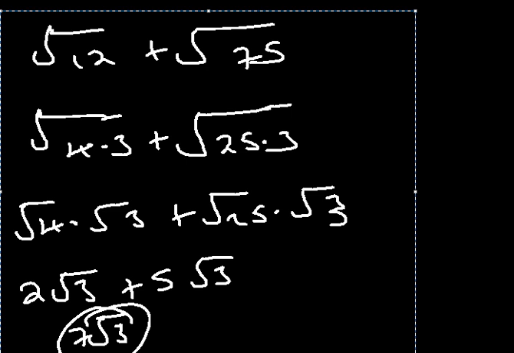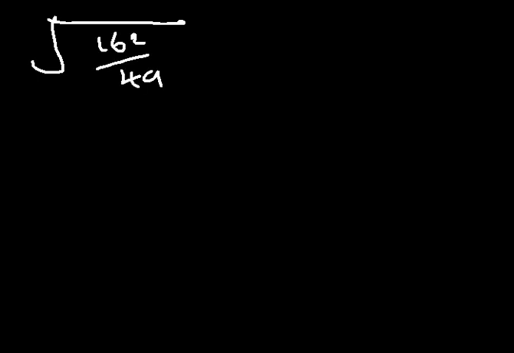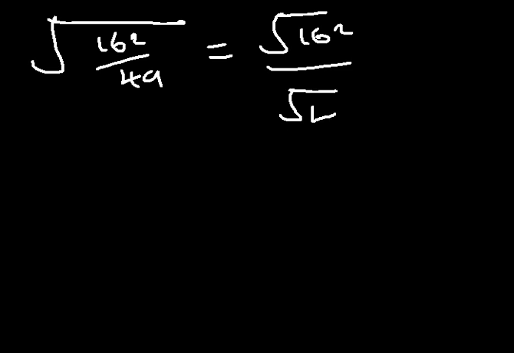So if you have the square root, think of the perfect square. If you have the cube root, think of the perfect cubic factor. Let's say we have the square root of 162 divided by 49. Of course, this is the same as the square root of 162 divided by the square root of 49.